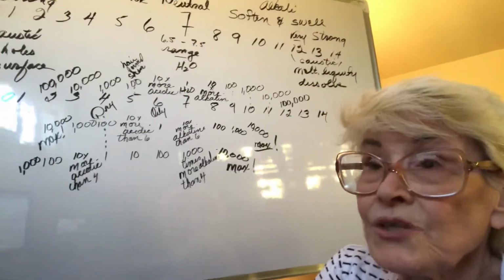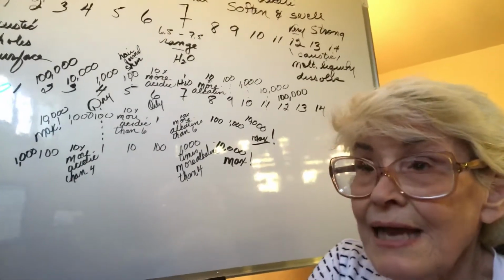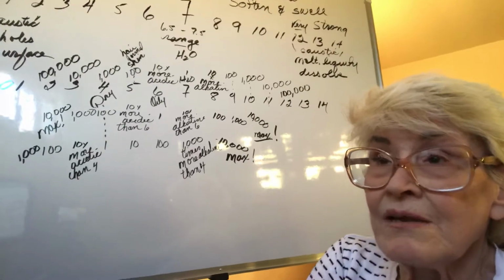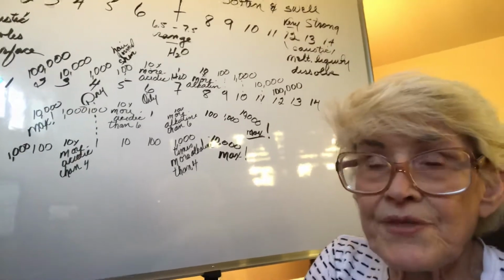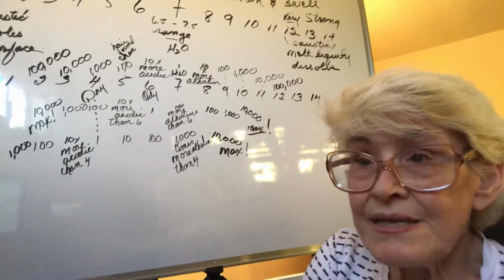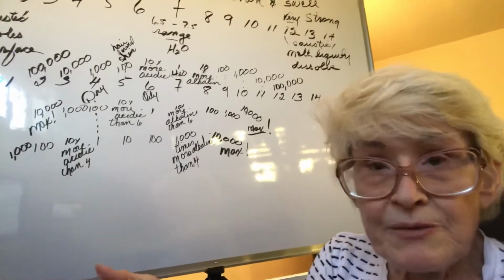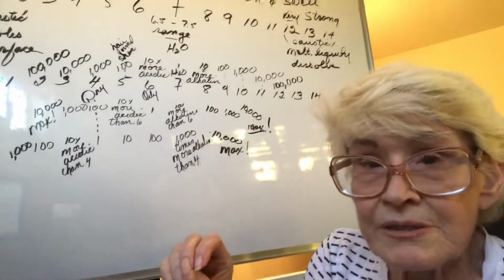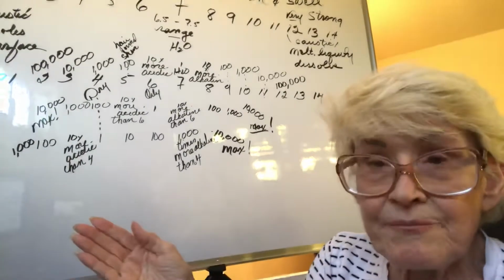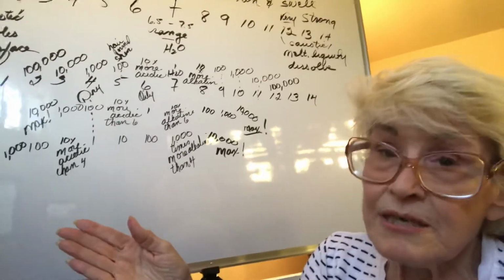So when we're looking at the formulations and the water, we have deionized water, which means the ions have been removed. Distilled water means the minerals have been removed. That's basically for my steamer.